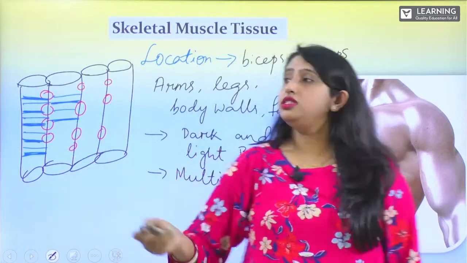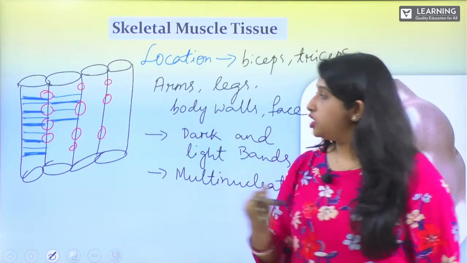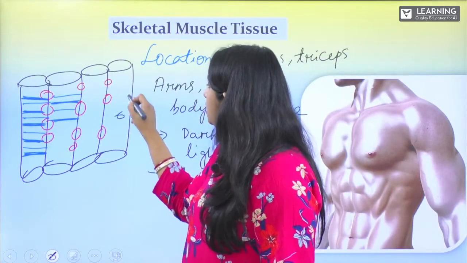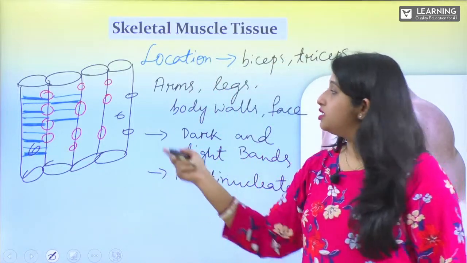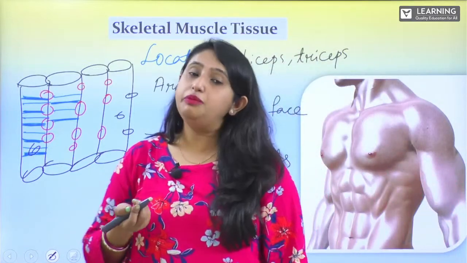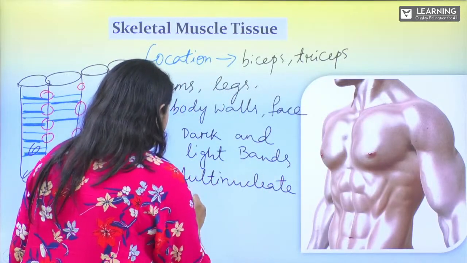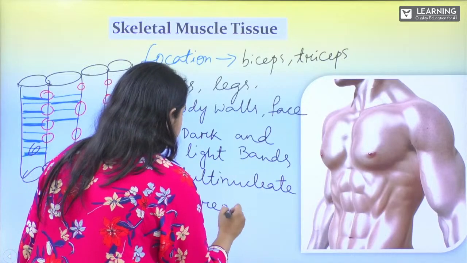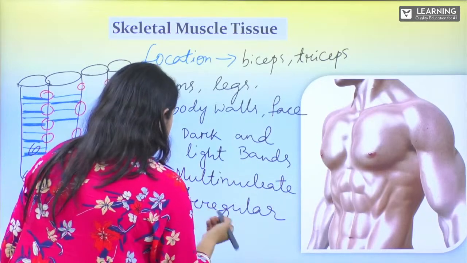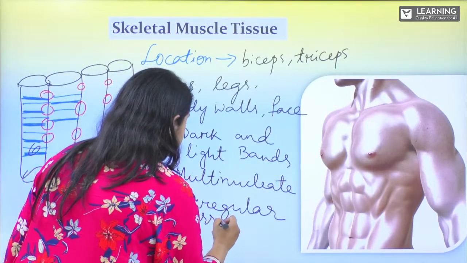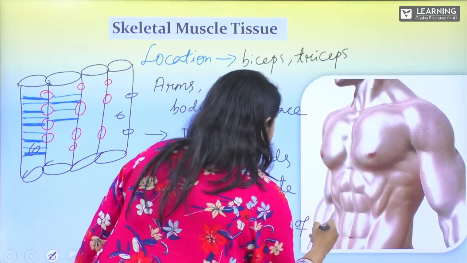And this nucleus, is it arranged in a regular or irregular fashion? It is arranged in an irregular fashion, not in a regular fashion, in between the fibers. So you can write irregular arrangement of nucleus.